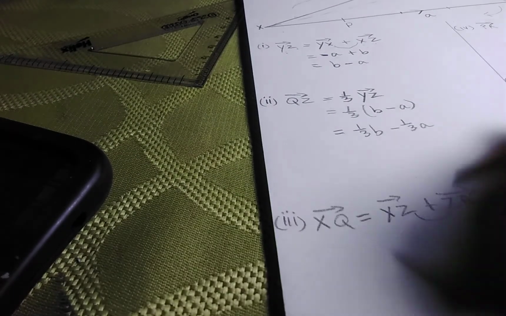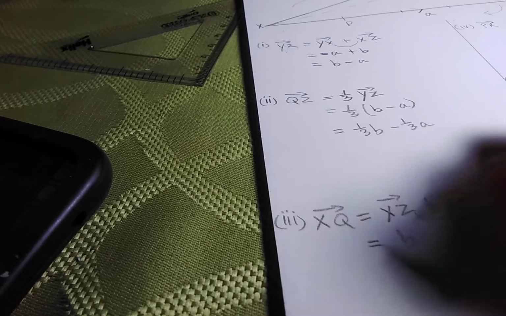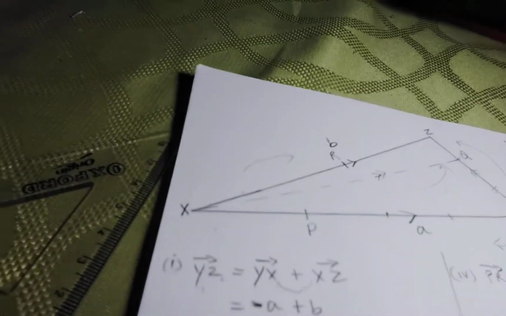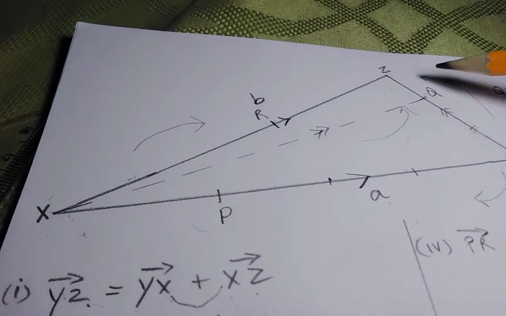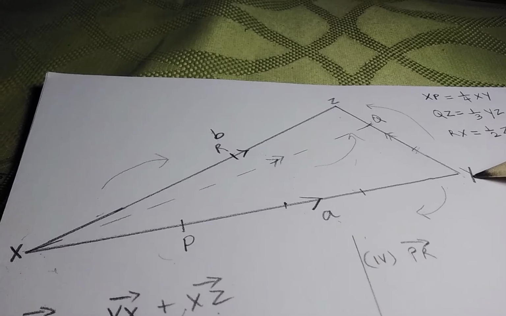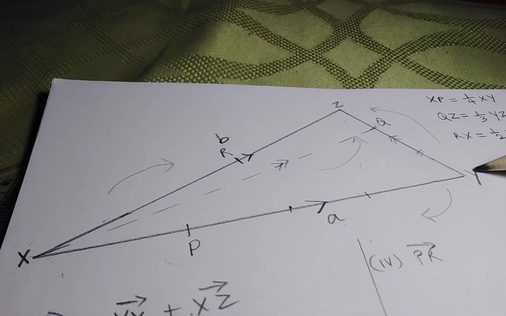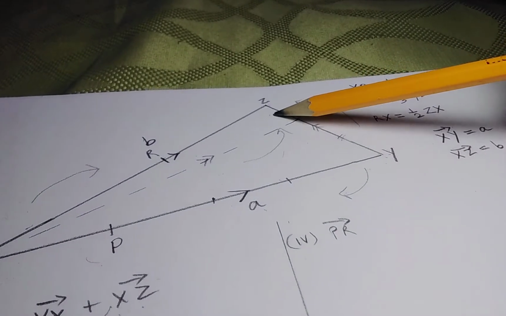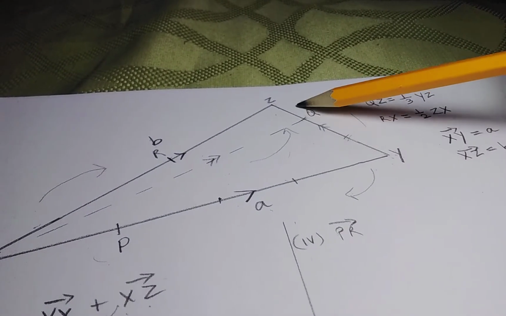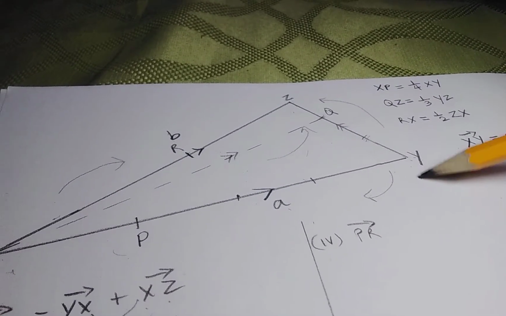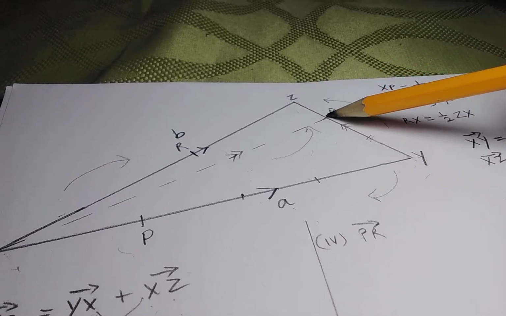So X to Z is a positive b. Confirm. X to Z is a positive b. But ZQ is negative, because we have QZ as 1/3 YZ. So YZ would be going in the positive direction, but ZY is a negative direction, inverse. So it will be a negative 1/3.